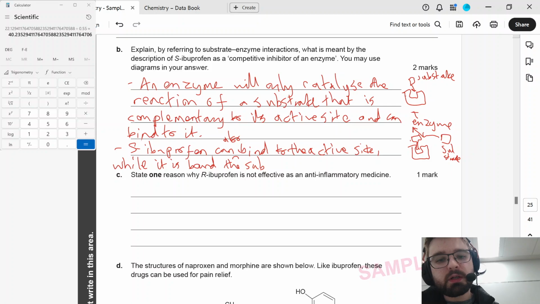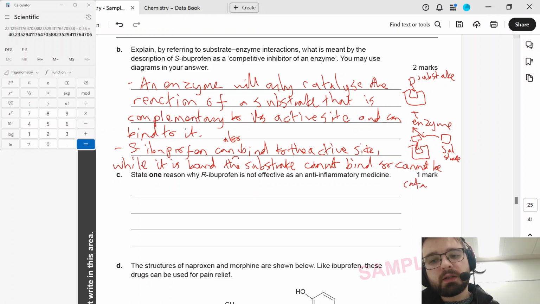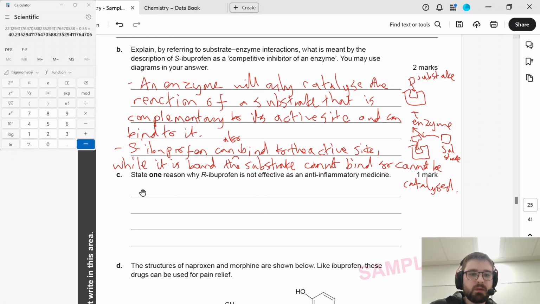The substrate cannot bind, so cannot be catalyzed. I probably should have figured this out beforehand. Oh, I can write in that bit, but not in this bit.